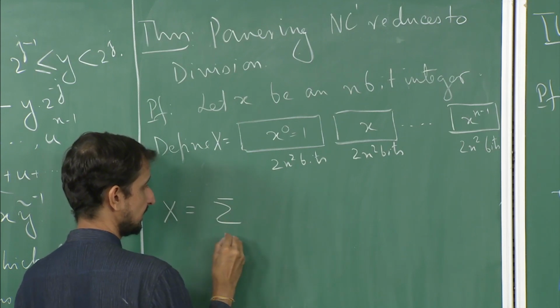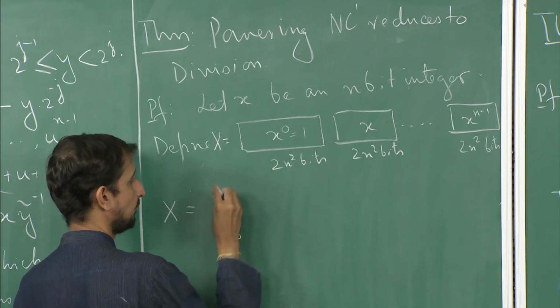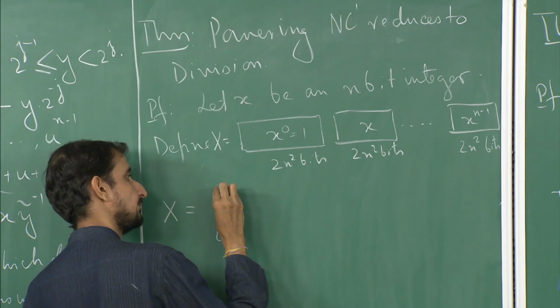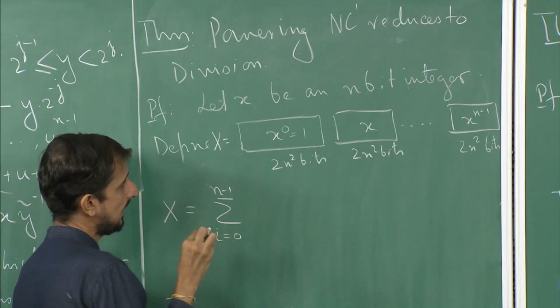So, x is nothing but the sum from i equal to 0 up to n minus 1.